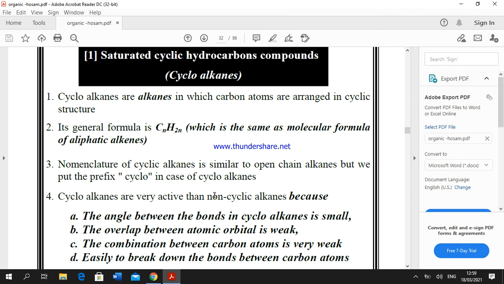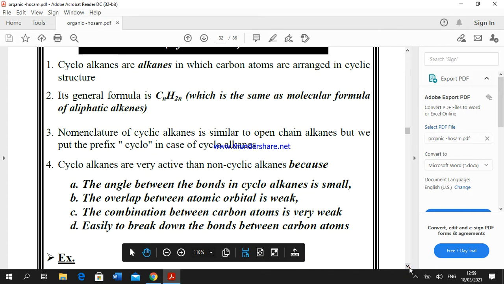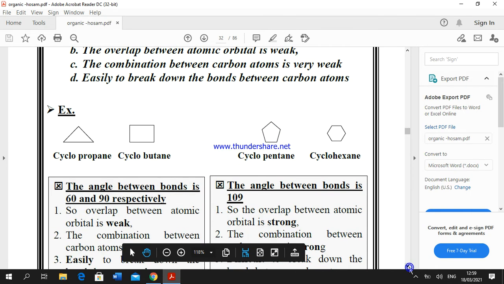The nomenclature of cycloalkanes comes from the corresponding alkane, but we put the prefix cyclo, okay? We have many examples. When the number of carbon atoms in the compound is 3, the name of the compound will be cyclopropane.